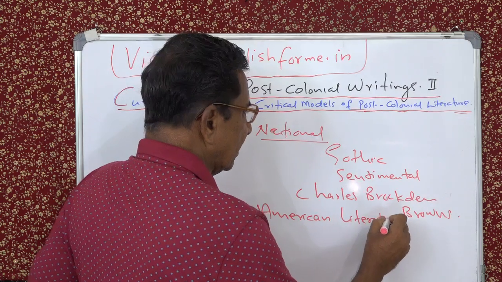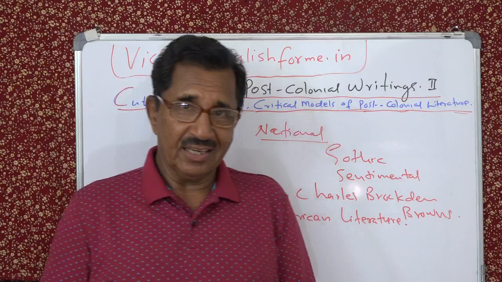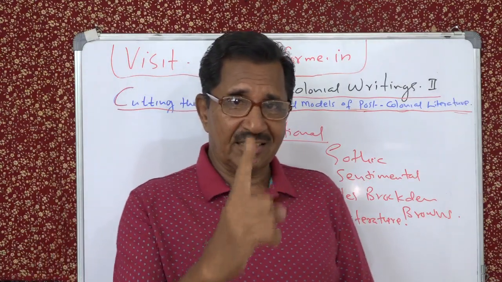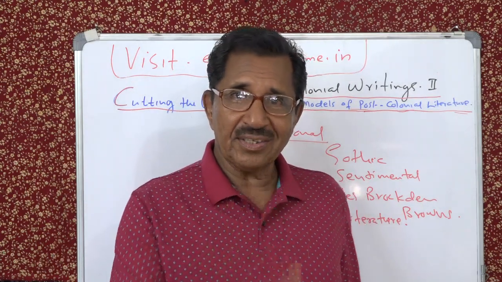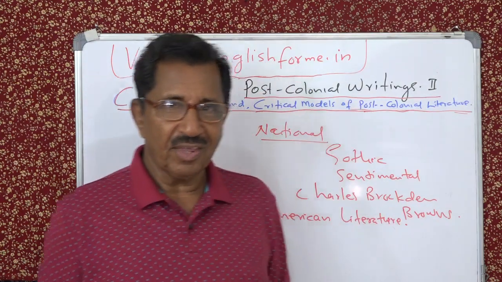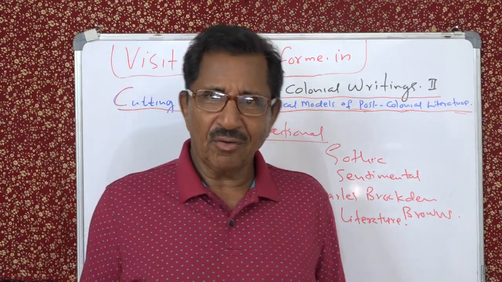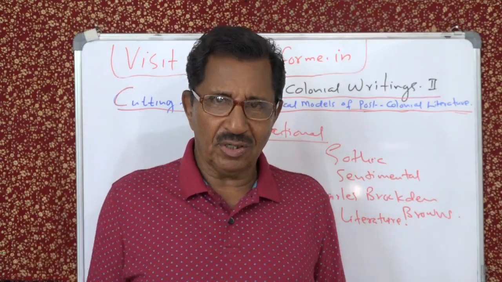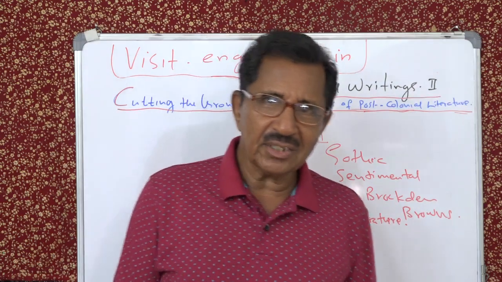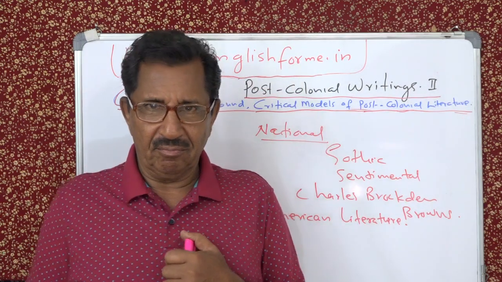This is a turning point. The first national literature is a turning point in the study and evaluation of post-colonial literature. It set the model for all the other post-colonial literatures. That is what we said, a self-constituting entity it became.